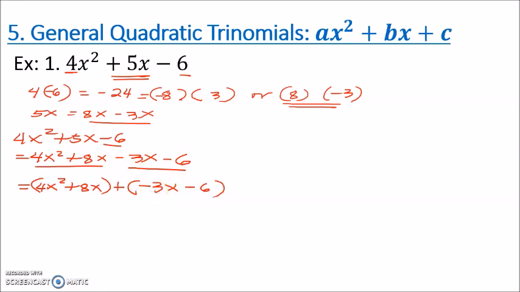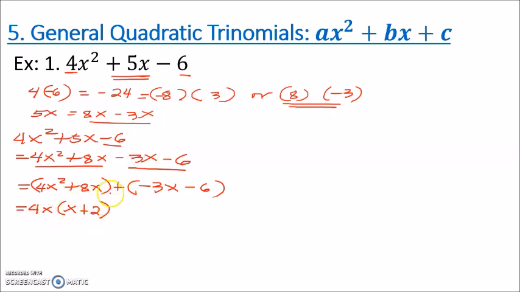Okay? And so, yung common factor nila, extract natin. Ang common factor ng 4x squared at ng 8x would be 4x. Okay? 4x. So, ang maiiwan, i-divide natin ang 4x squared sa 4x. So, x na lang. And then, plus 8x divided by 4x is 2.